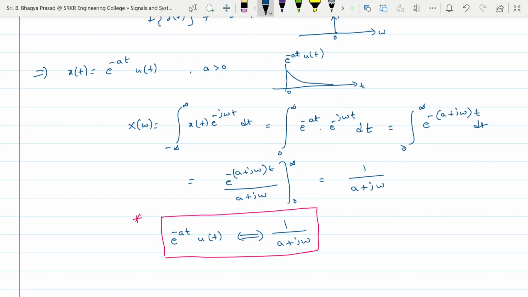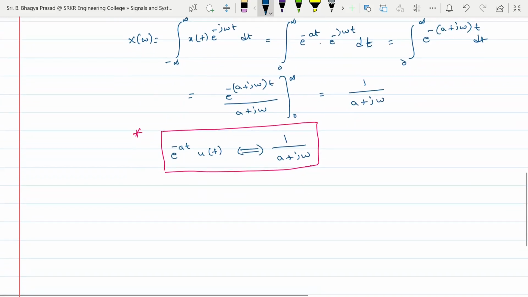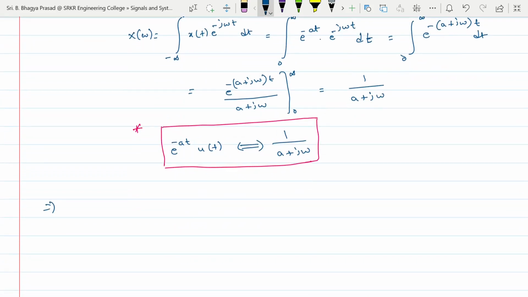If you go for another one, a two-sided function, that is e power minus a mod t. So let us take a also here. X of t equal to e power minus a mod t. So for t positive and t negative, the signal will exist.